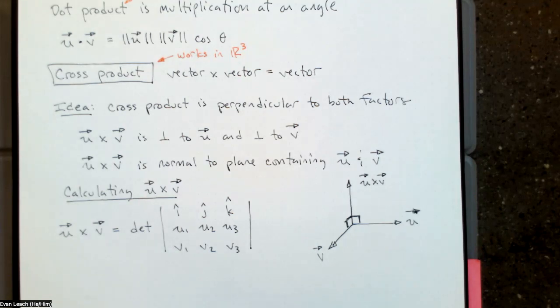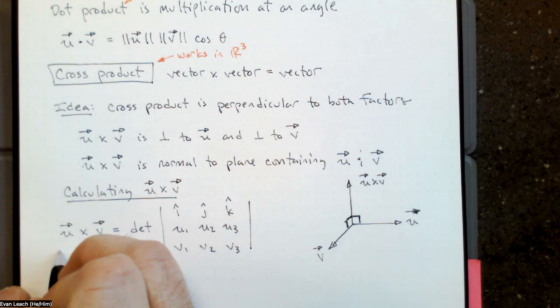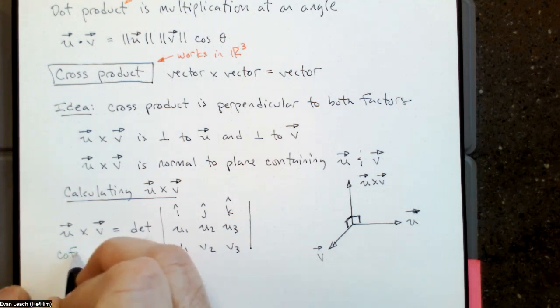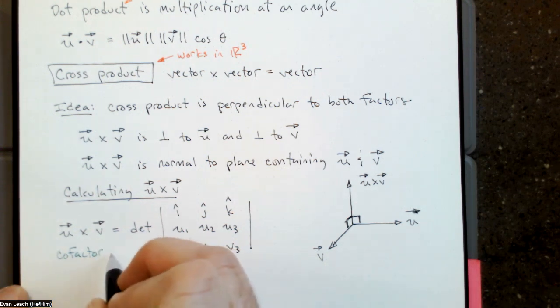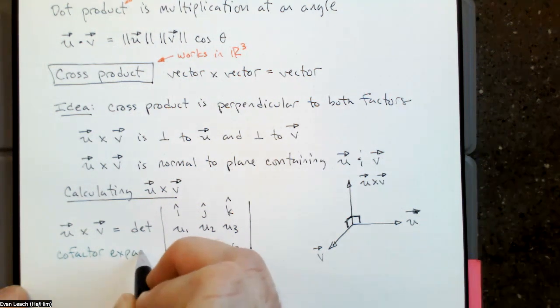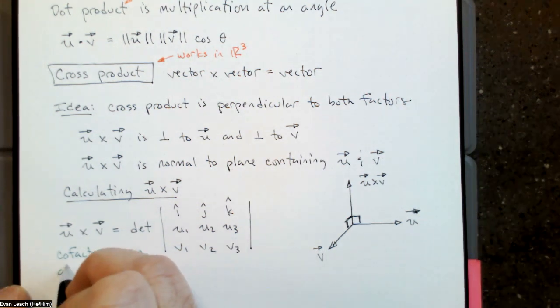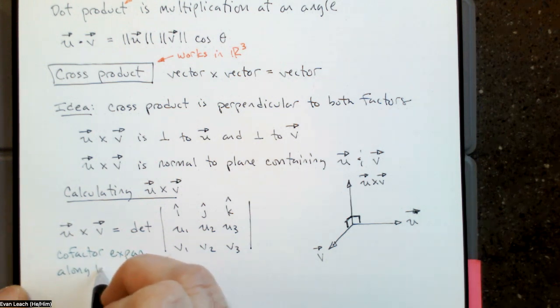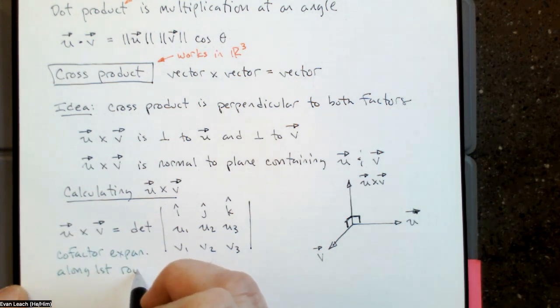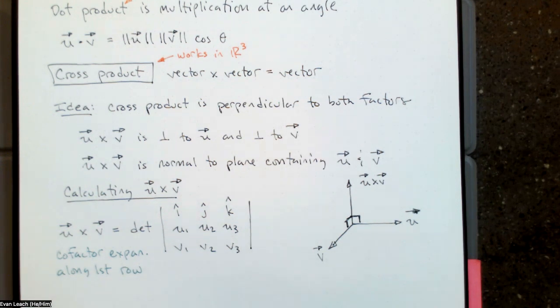So we're going to calculate this determinant using cofactor expansion along the first row.